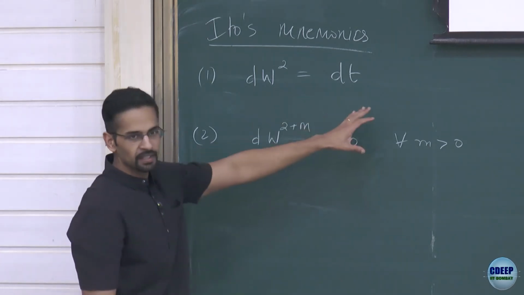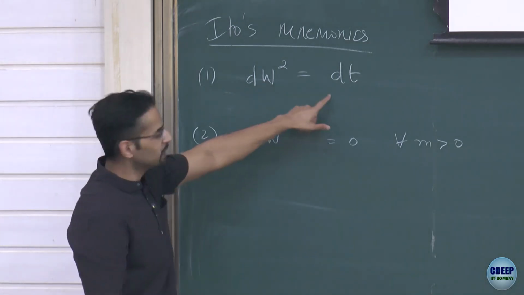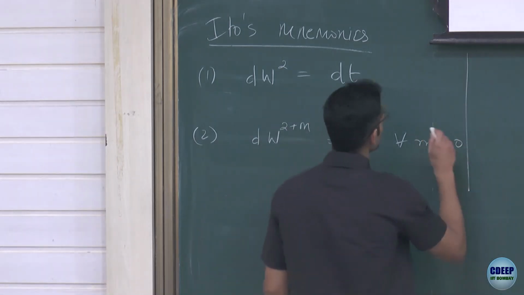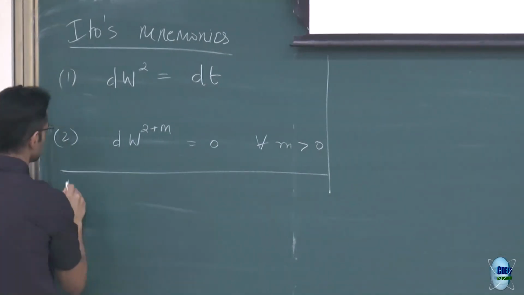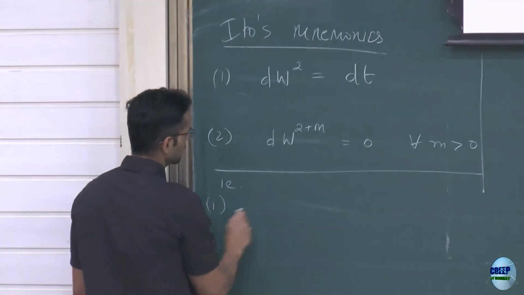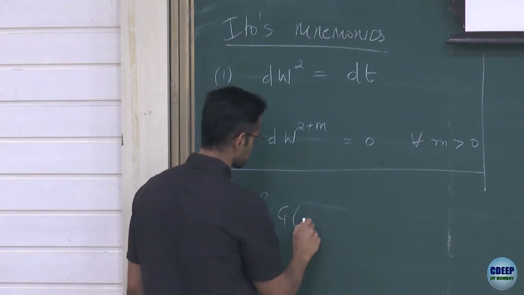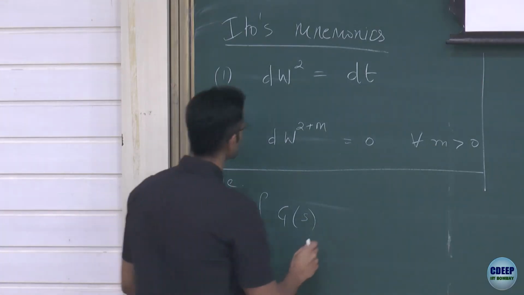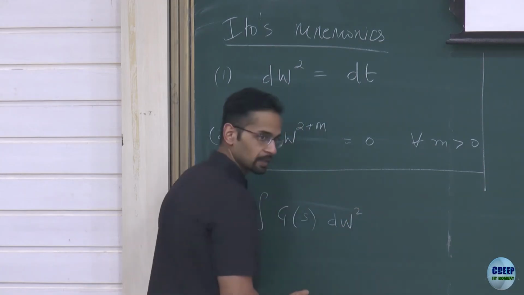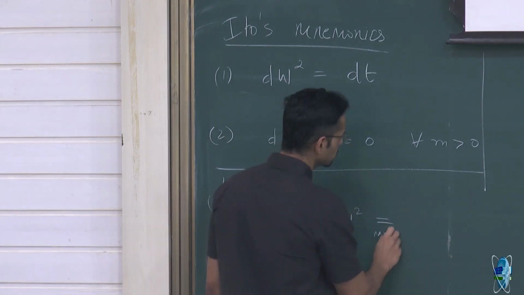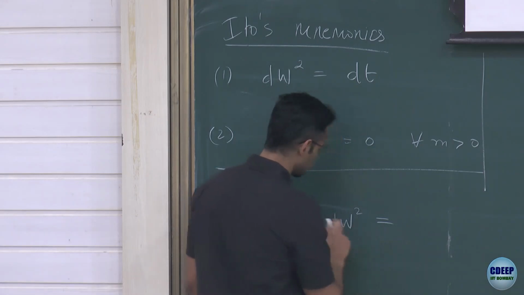Now we know that SDEs are really just a notation for an integral. So what this really means, which is what we are going to prove now, is the following. The first one is that the integral with respect to dW squared of some non-anticipatory function G is equal, in the mean square limit, to the same integral with respect to dt, over some appropriate limits.